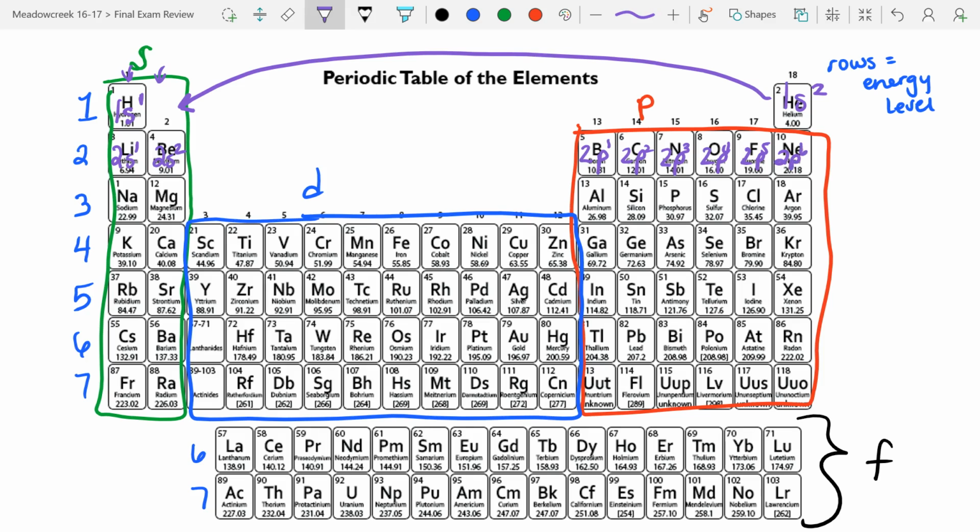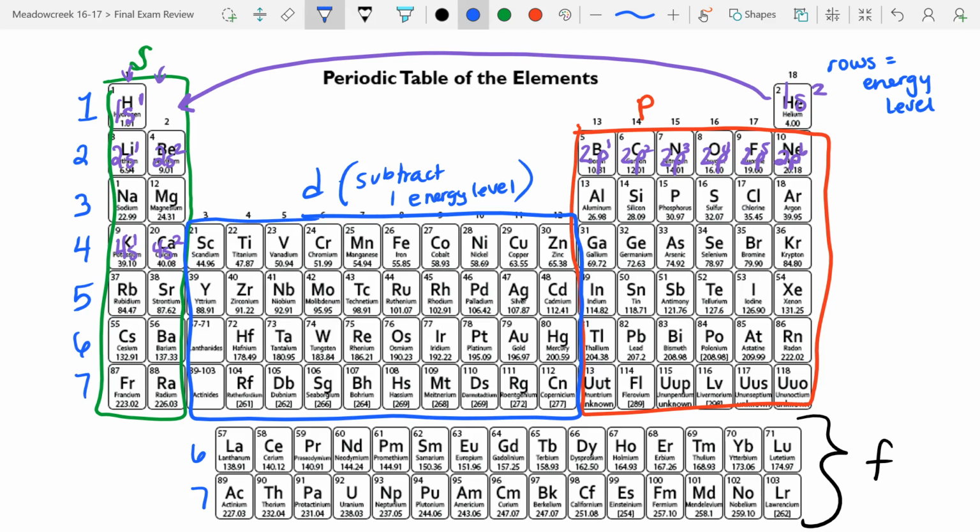Now when you get to the D sublevel, that's when it gets a little different, right? So here would be 4s1, 4s2. But when you get into the D sublevel, you subtract 1 energy level. And the reason why is because the D orbitals are so complicated and take so much high energy, they actually overlap with the 4s.